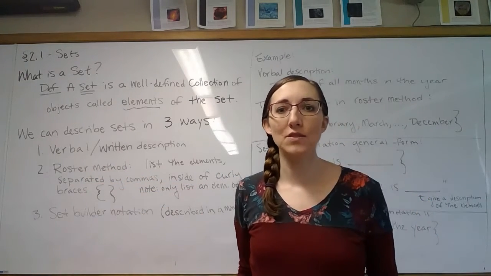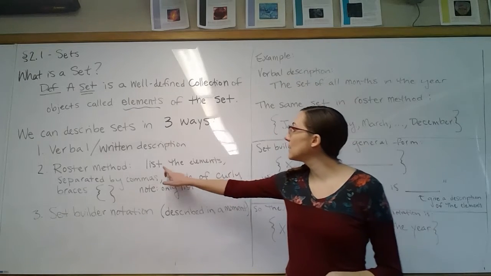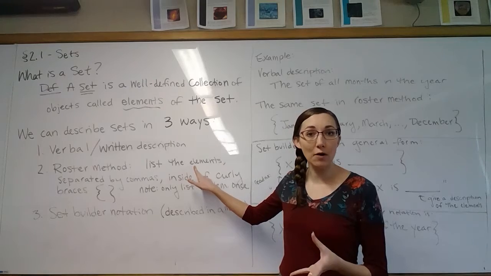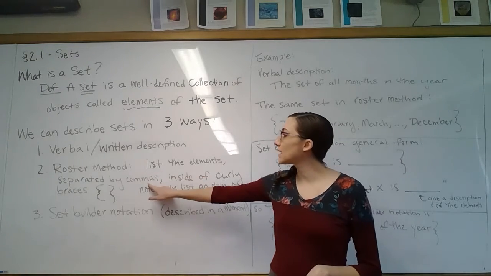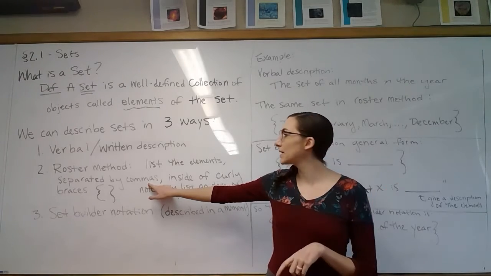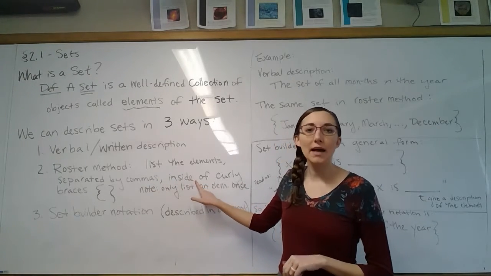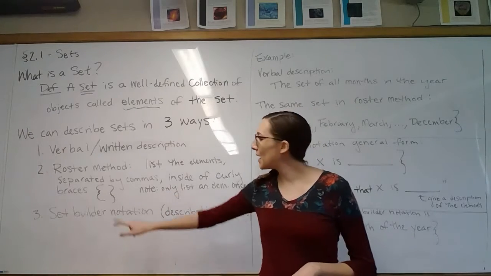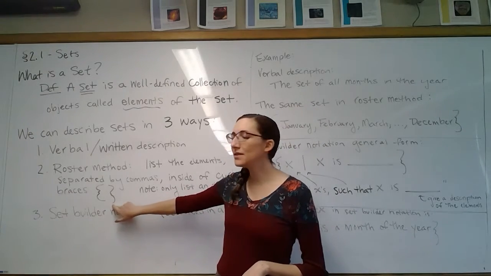Because that's essentially what roster method is. What we're going to do is it's a list of the elements, and we have some descriptions of how we're going to list them. We're going to separate the elements by commas, so it'll be a comma-separated list, and we're going to write that list inside of what are called curly braces. So those are these two guys.